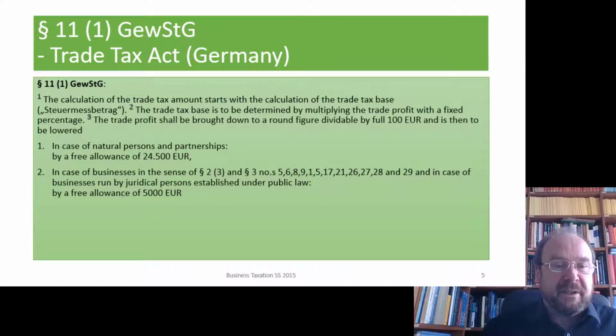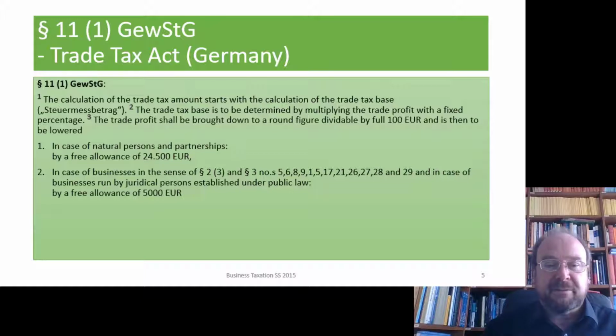So here we find out that the first step we have to do is to calculate a so-called trade tax base, or Steuermessbetrag. This is to be generated starting with the trade profit by the following steps. First, you have to round it down to a round figure which can be divided evenly by full 100 euro.